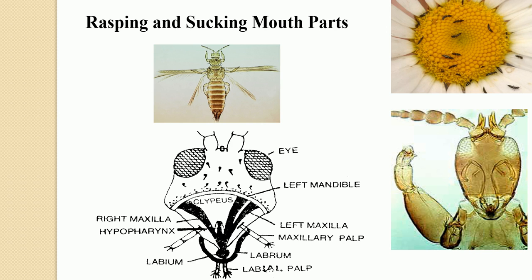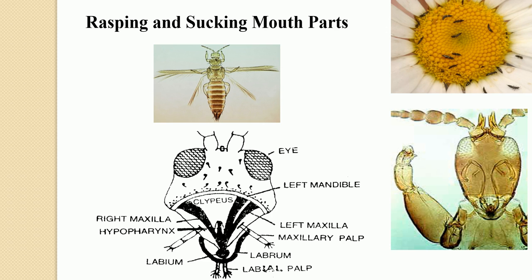Now within this triangular beak, it encloses three structures. The first one is a single elongated slender mandibular stylet. So this is a mandibular stylet. The left side only has a mandibular stylet, while the right mandible, or right mandibular stylet, is absent. Now what exactly is a stylet? When these appendages lose their primary structure and become needle-like, at that time they are referred to as stylets.